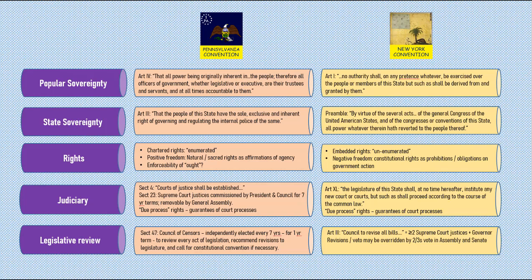When the Pennsylvania Constitution refers to governing and regulating the internal police of the same, that phrase police or police power is very important. It's not just cops and punishments and law enforcement. It is providing for the whole welfare of the people. So state sovereignty, because it comes first, is considered to be whole or complete or universal sovereignty.